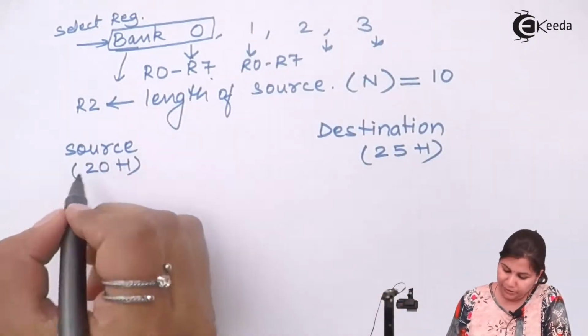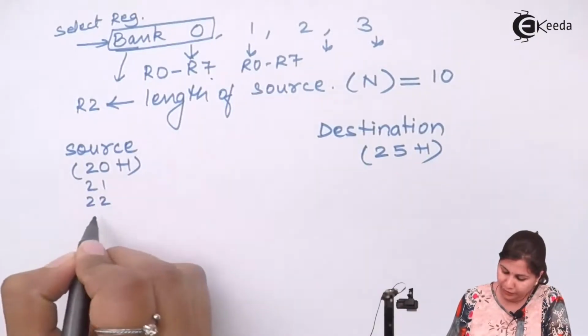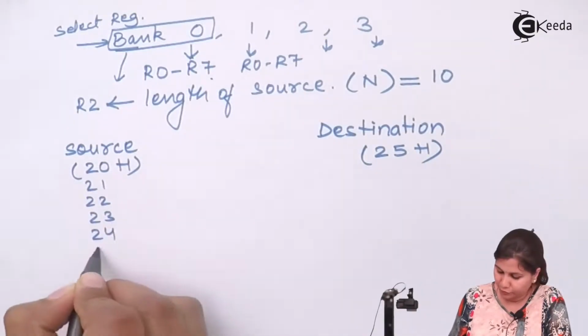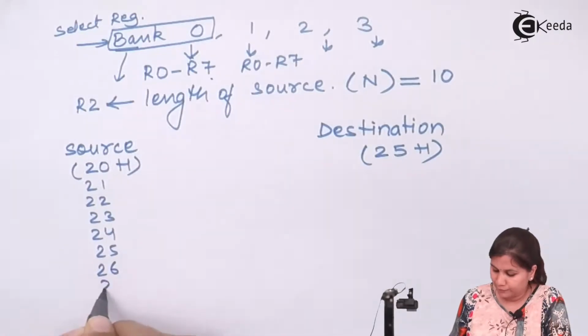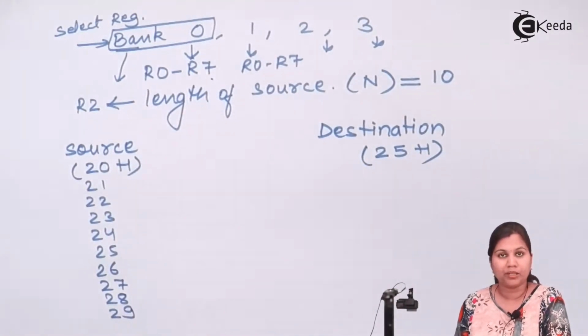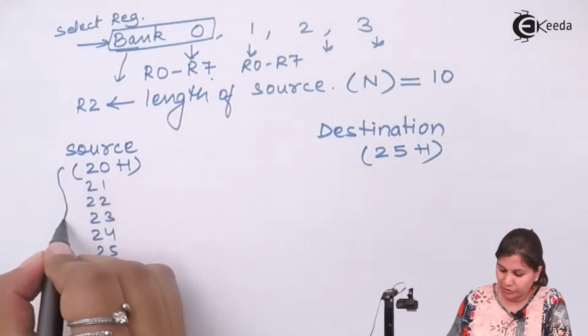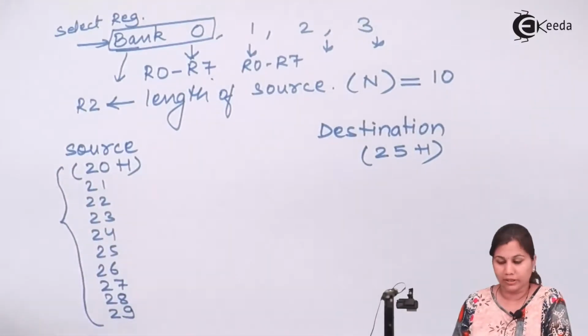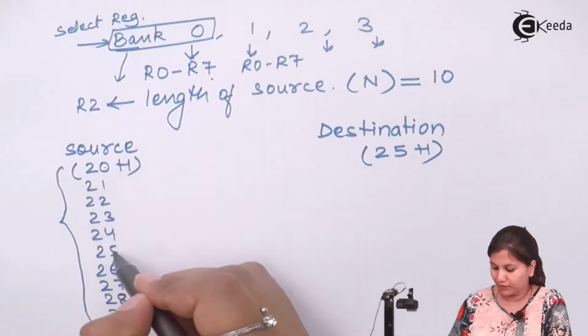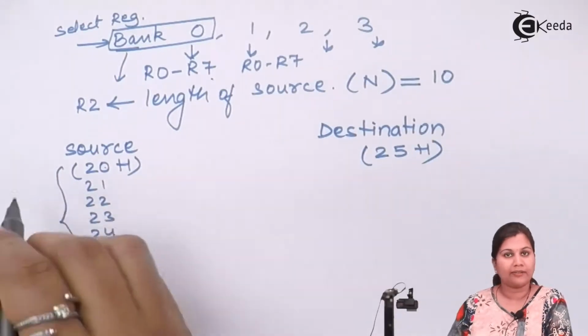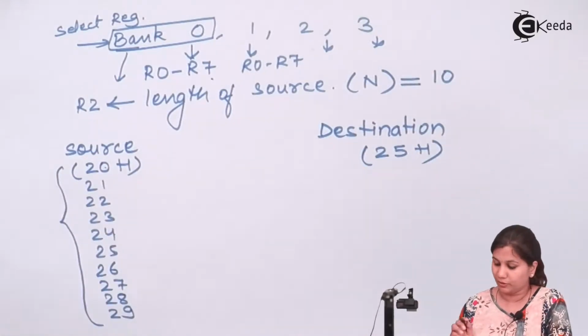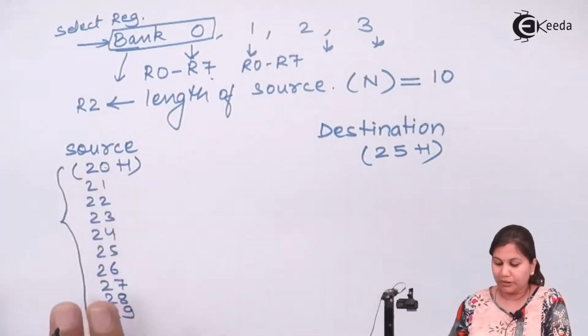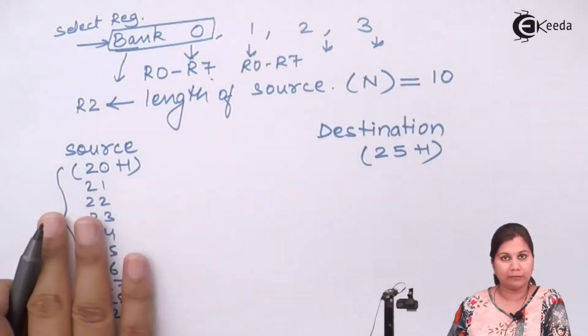So 10 numbers means 20, 21, 22, 23, 24, 25, 26, 27, 28 and 29. These will be 10 memory locations, and these 10 memory locations have those 10 numbers.